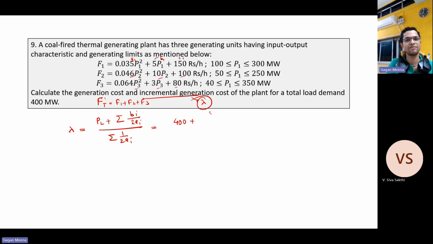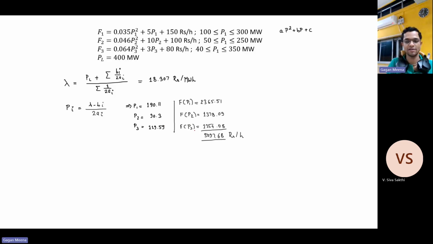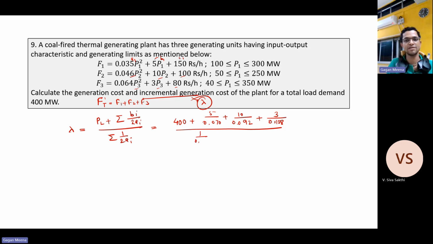Summation of Bi over 2Ai: 5 divided by 0.070 plus 10 divided by 0.092 plus 3 divided by 0.128. And the summation of 1 by 2Ai is 1 by 0.07 plus 1 by 0.092 plus 1 by 0.128. You will get some lambda here.